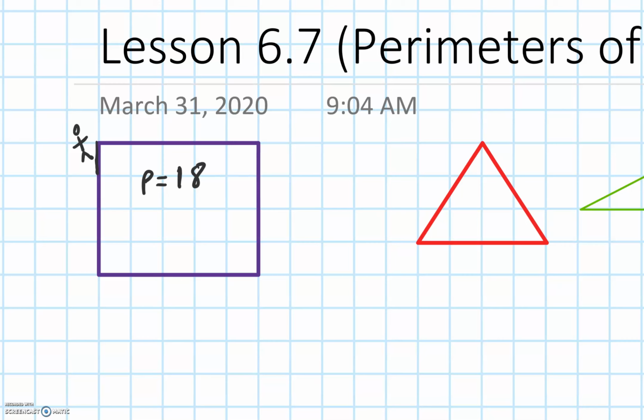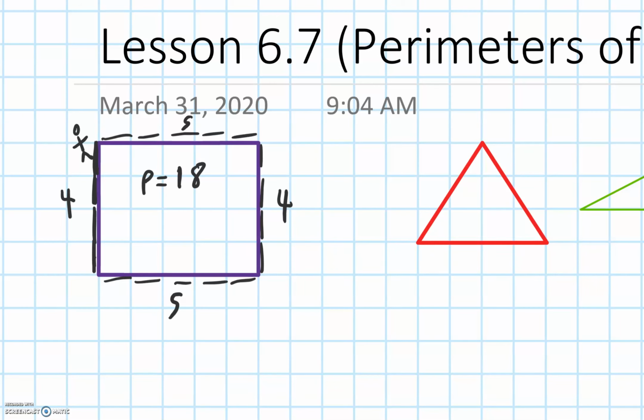So the length on the left we can see is 4. So 1, 2, 3, 4. Length on the right is 1, 2, 3, 4. Length on the bottom is 1, 2, 3, 4, 5. And on the top is 1, 2, 3, 4, 5.